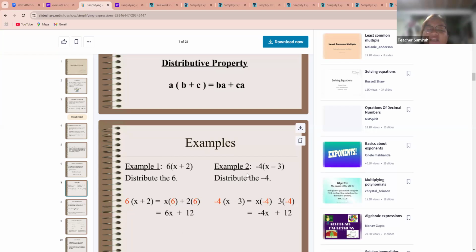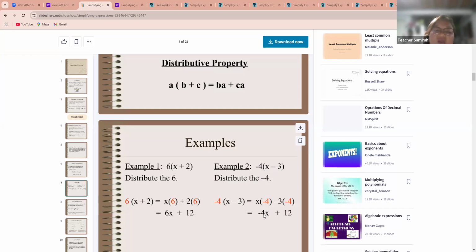For example number 2, look at this. The sign of the 4 here is negative. So we are going to distribute by multiplying everything inside the parentheses by negative 4. So x times negative 4, then minus 3 times negative 4.